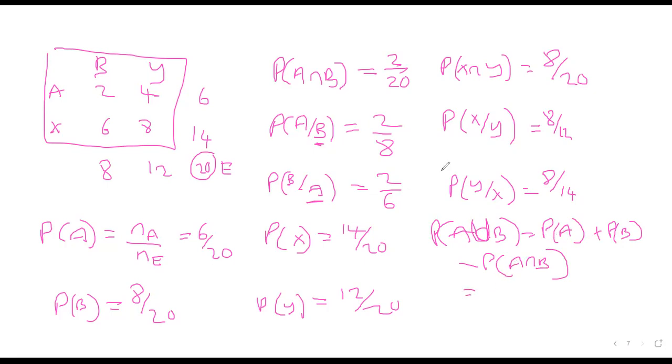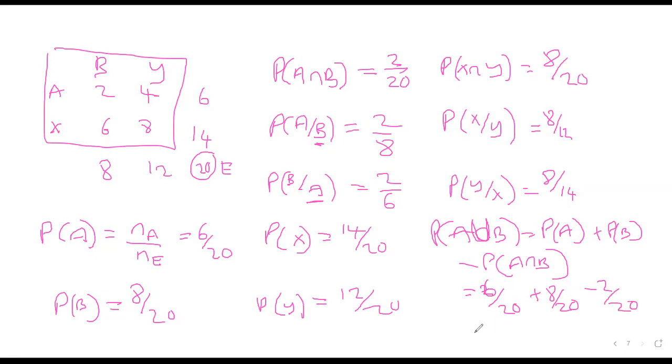Our A is 6 over 20. Our B is 8 over 20. The intersection is 2 over 20.